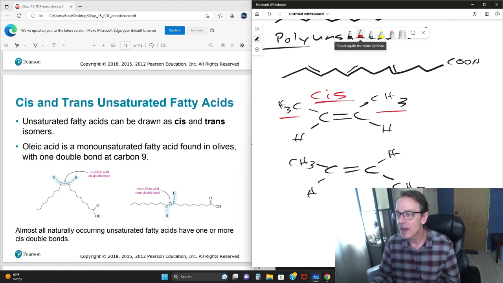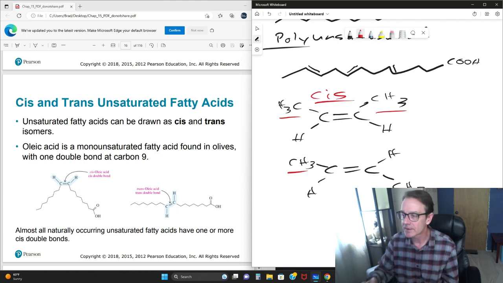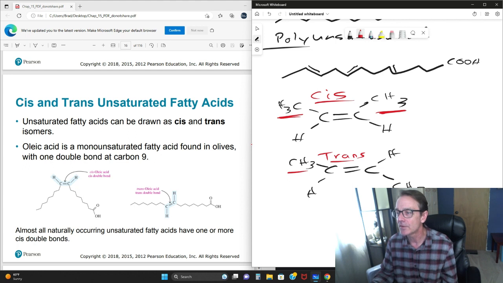So if you flip that over, so you have your alkyl groups, carbon groups, side chains going off in opposite directions, if they switch from the top to the bottom at the double bond, it's trans. Okay, cis, they're on the same side. Okay, they don't switch. Trans, you switch at the double bond.